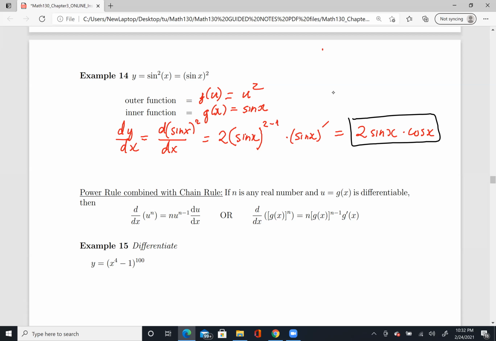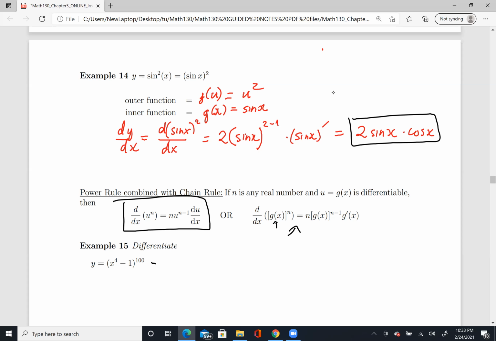Okay, so yeah, I usually like to see this one better than the one over here, but you can take a look at that. It's just, instead of u, we write g of x, right? Same thing.